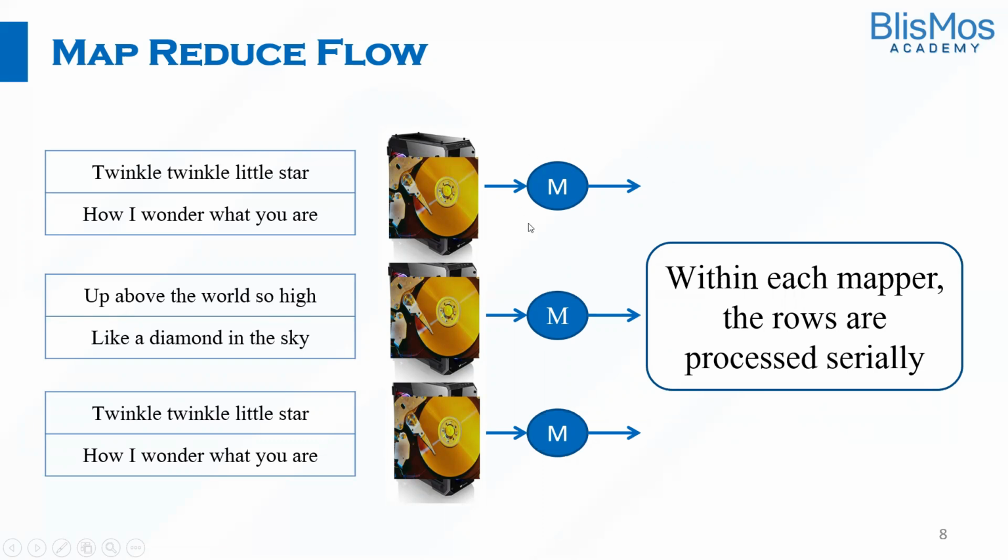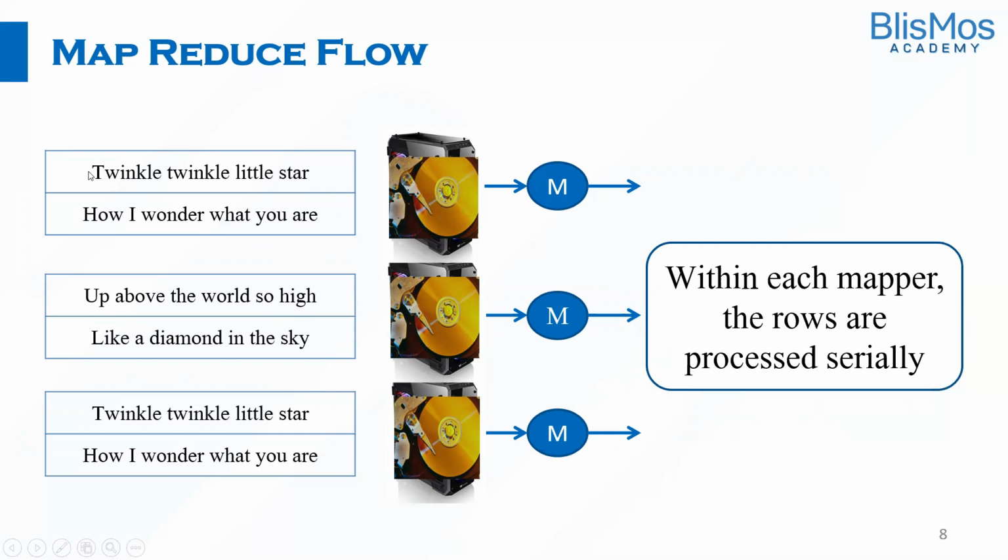The mappers have started work in parallel in these three systems, or whichever systems the data is distributed on. Within each mapper, for example, the rows are processed serially.